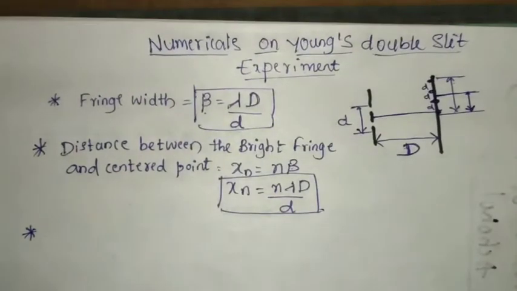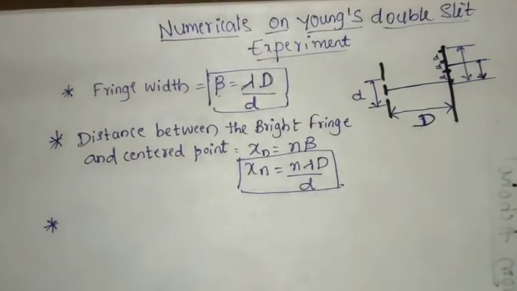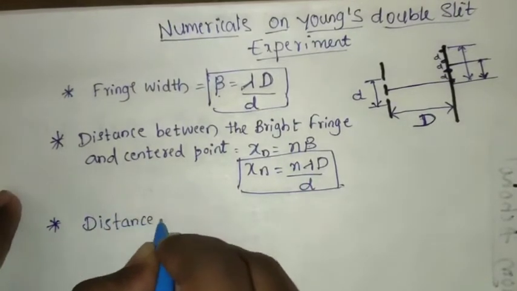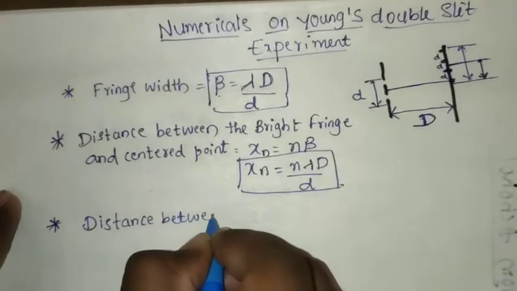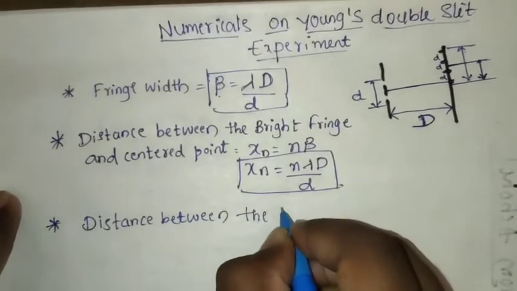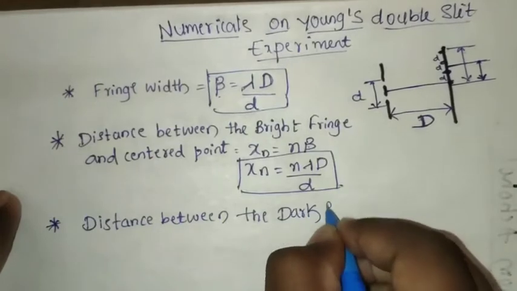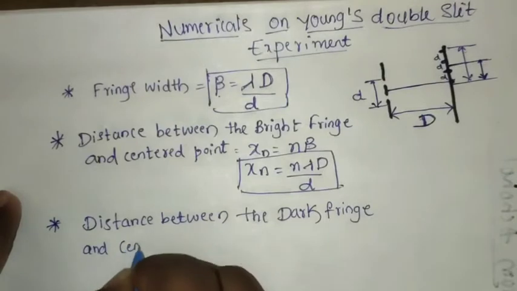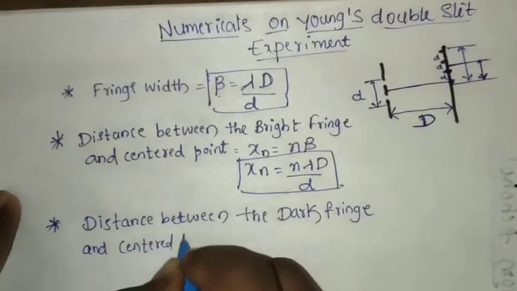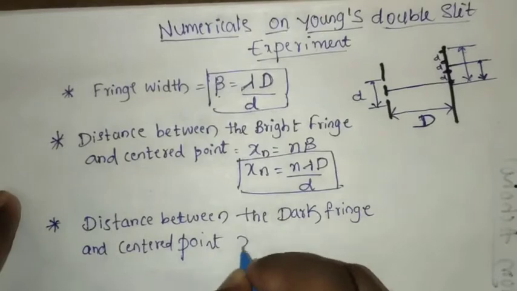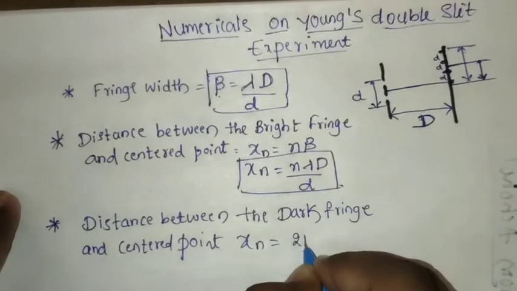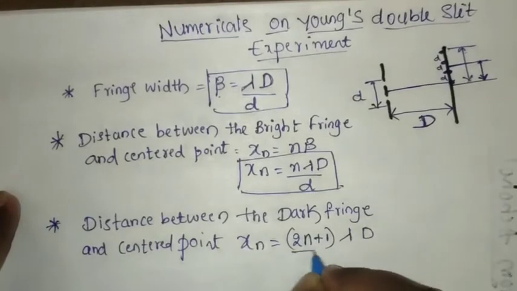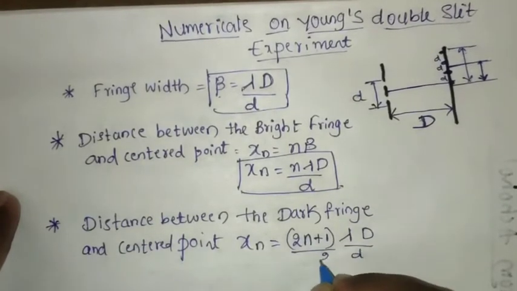Now I will write the formula for the distance between a dark fringe and the central point. The formula is xn equals 2n plus 1 into lambda capital D by small d, divided by 2.